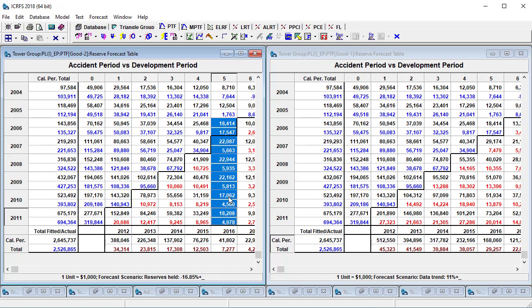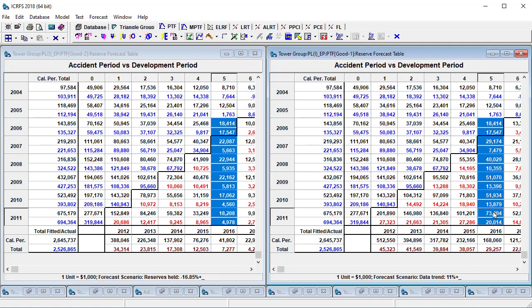This doesn't really make sense though, given that we know that the earned premium has been increasing. And on the right-hand side, you can see that when we continue with that 11% trend, these losses go up and are substantially higher. So the projection of that 11% trend is much more reasonable given what we've seen in both the paid losses as well as what we're measuring in that calendar year trend.